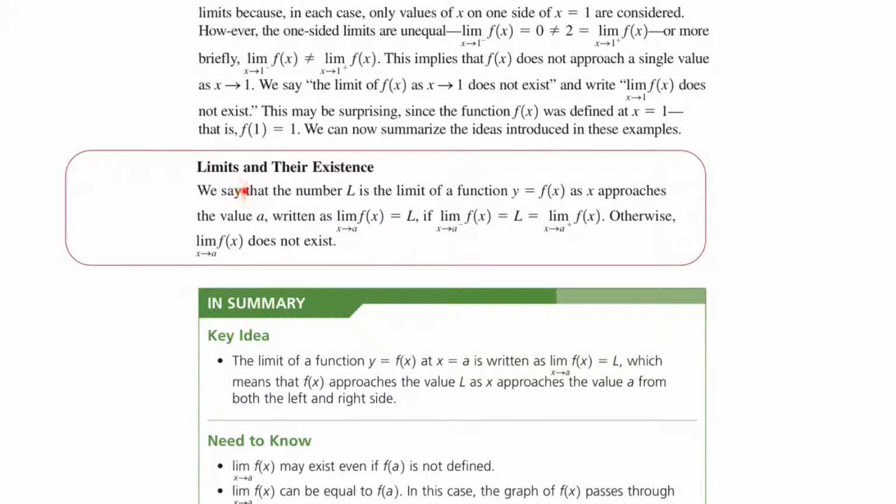Let's recap. Limits and their existence. We say the number L is the limit of the function y equals f of x as x approaches the value a, and write it using this notation, if the limit of f of x as x approaches a from the left side equals the limit of f of x as x approaches a from the right side equals L. Otherwise, the limit does not exist.